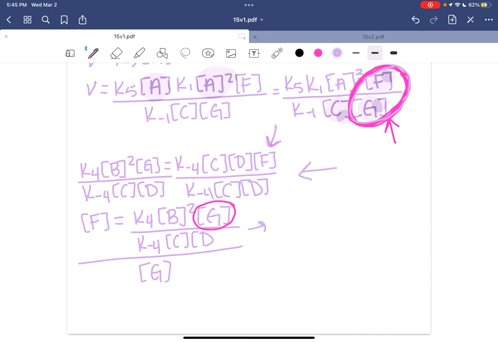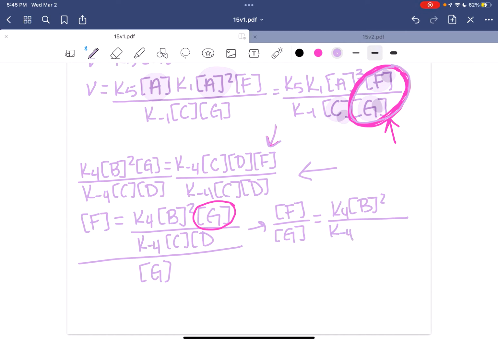And what this gives us now is the concentration of F divided by the concentration of G, and that's equal to everything that was left on the right side. So that's K4 times B squared, no longer multiplied by G anymore because we divided it, and so those cancel out on the right side.